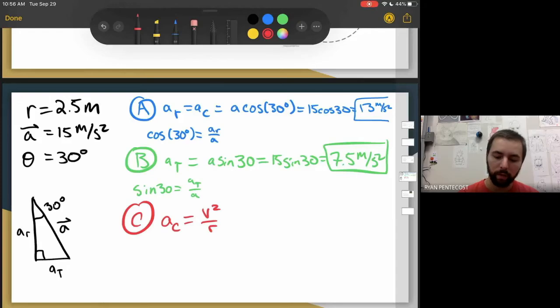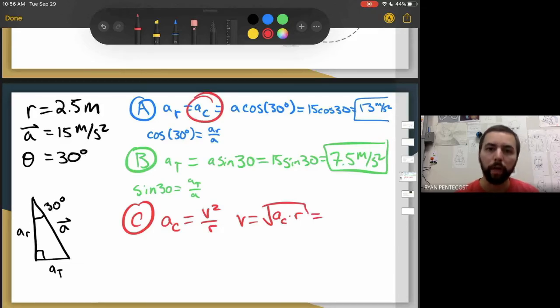So v is the square root of ac times r, and ac is up here. Radial acceleration is what we're going to use, centripetal. We take 13 times the radius, which is 2.5, square root of 32.5, to get 5.7.